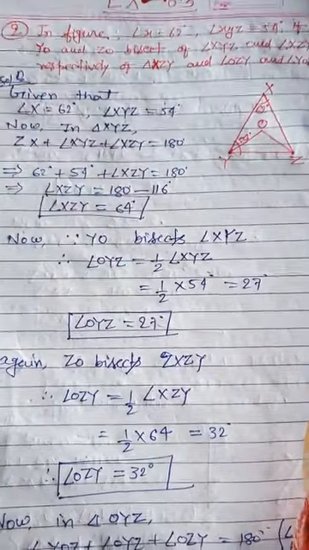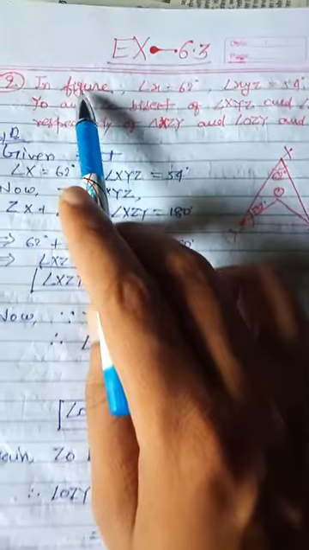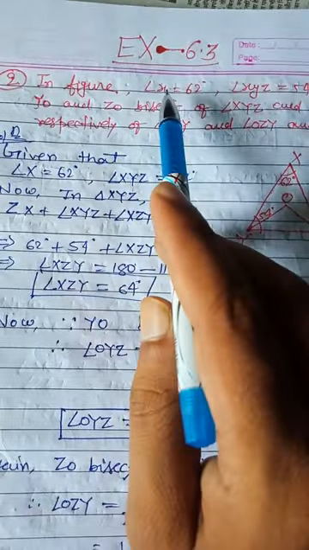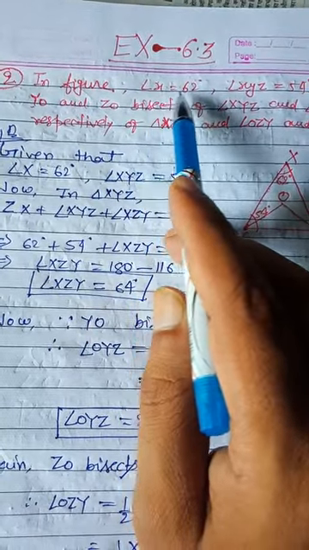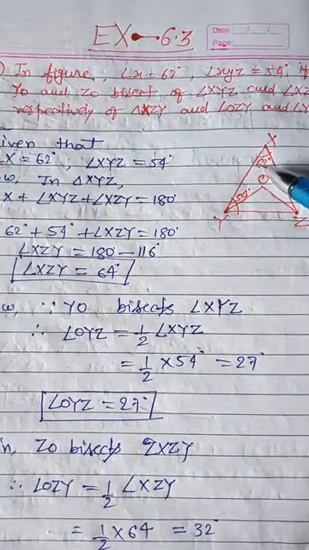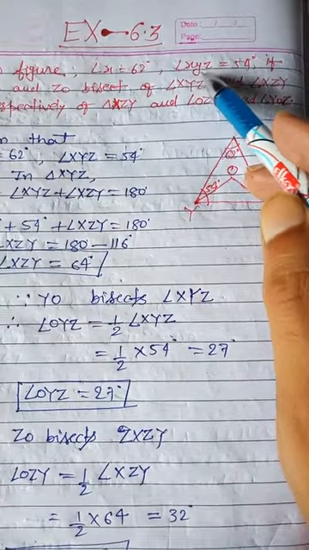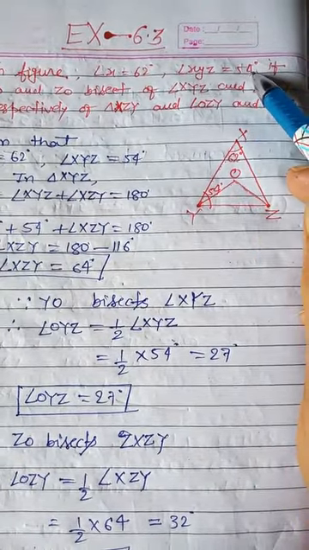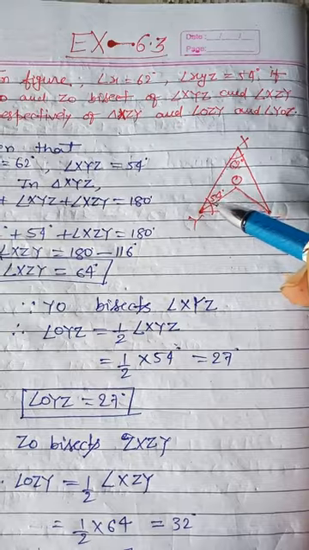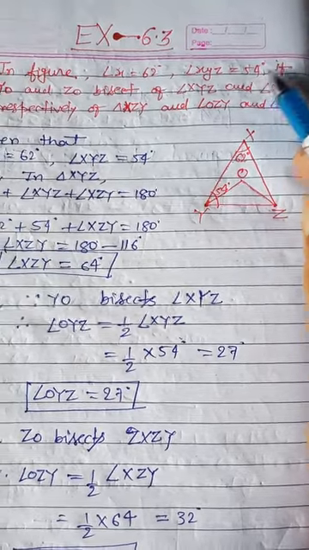And your second question of that exercise is, in the figure, angle X is equal to 62 degrees. This is the angle X, 62 degrees. Angle XYZ is equal to 54 degrees. This one is angle XYZ, 54 degrees.